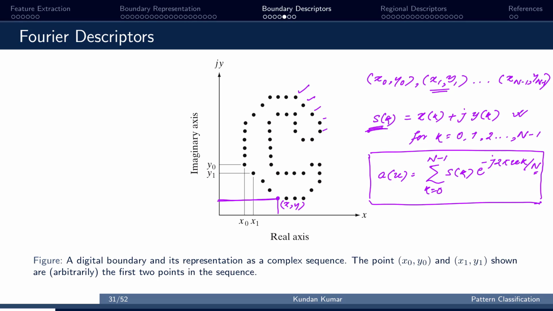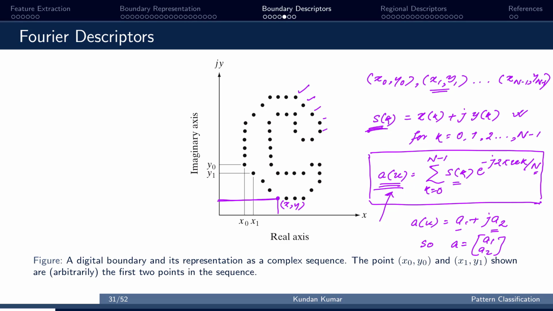You can note here that if we compute the discrete Fourier transform of a number, it gives a complex number, where the real component and the imaginary component will be there. That means a u will be a complex number, meaning a1 plus j a2. So it will have a real component and an imaginary component, so that we can construct a feature vector as a1, a2.